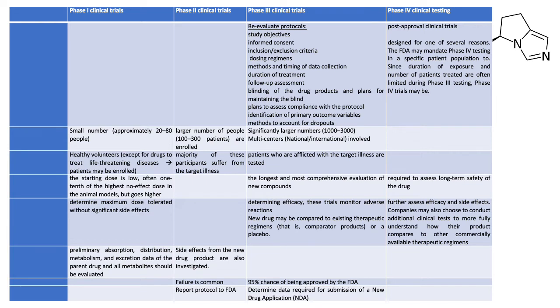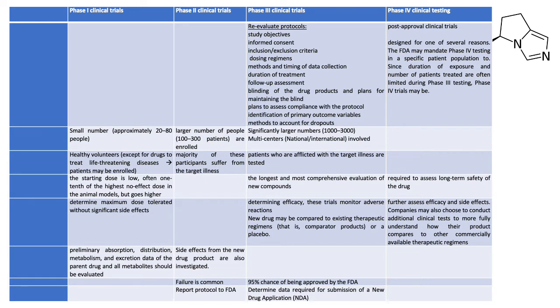Phase 1 studies include a small number of subjects, around 20 to 80 people, and they are healthy, non-diseased subjects, except for some other conditions where you have to enroll patients. Like, for example, for HIV patients or AIDS patients or cancer patients, you do not enroll normal subjects in the phase 1 trials, but rather you enroll a small number of patients.